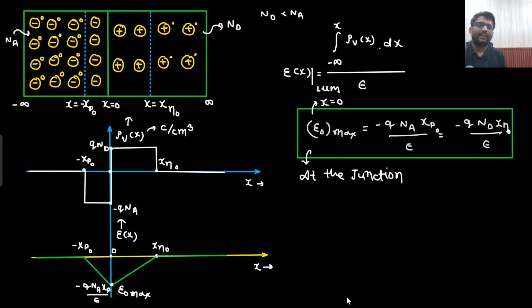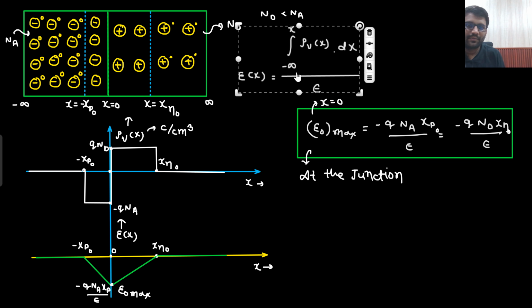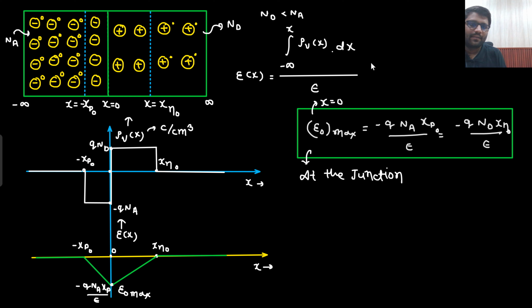Okay. Let's write down the expression of the voltage now. So again, for the voltage, what do I need to do? For voltage, this is something, but the negative sign is also there.